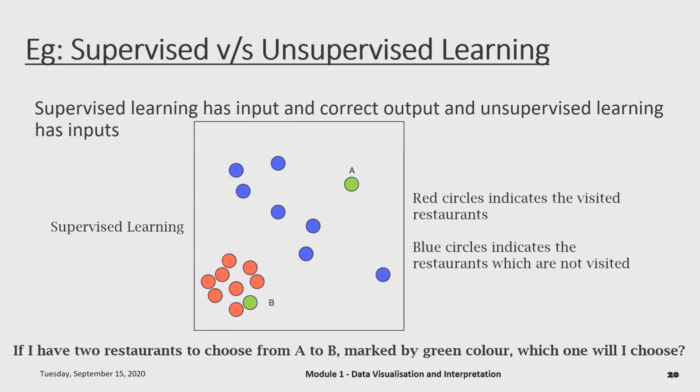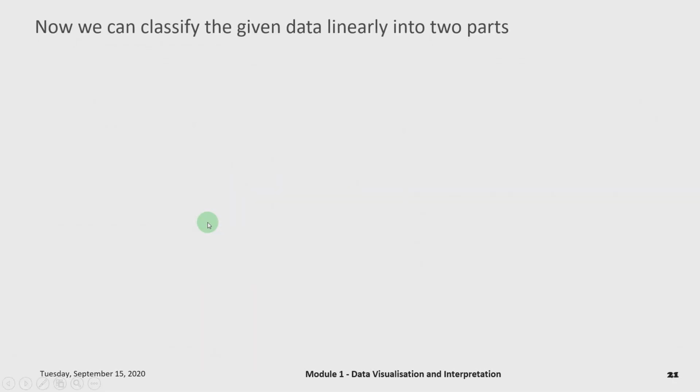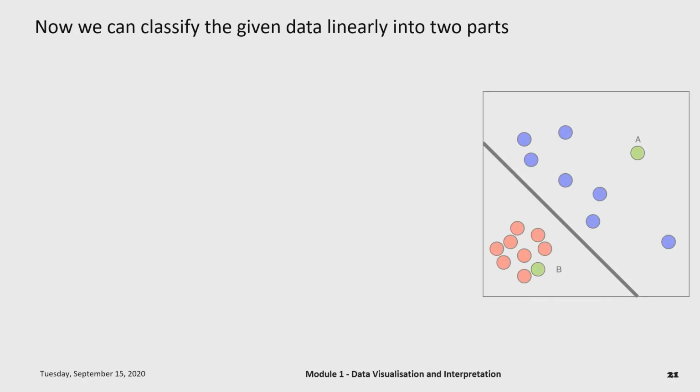So this we call supervised learning, because I'm having prior data, right? What data I'm having is these are not visited and these are a set of visited, right? Now if we classify this given data linearly into two parts, we are going to divide it into linear parts, right?